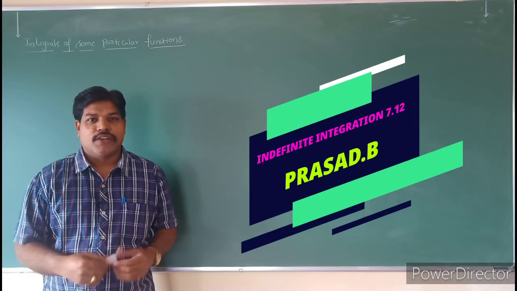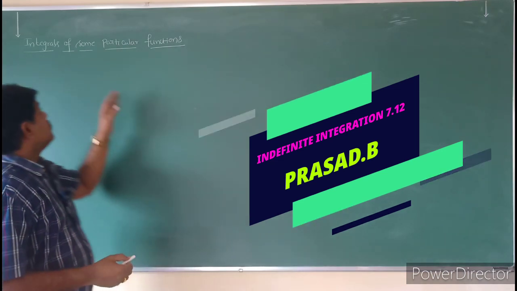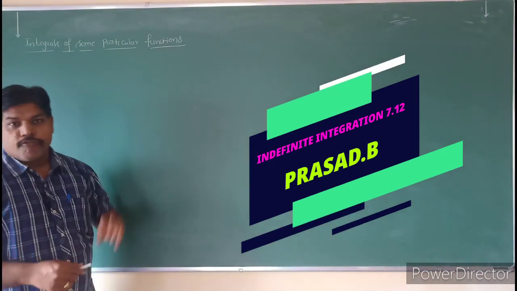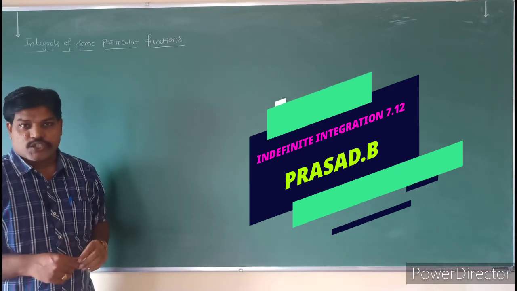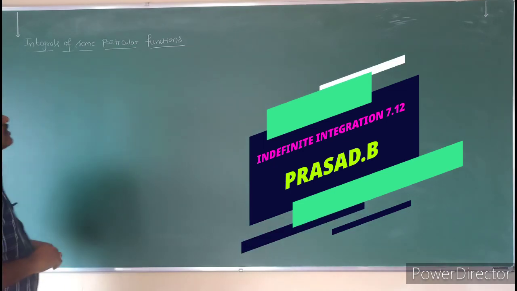So see students, today we are going to discuss some integrals of some particular functions. We have already discussed 6 types. So see, the next one is the 7th type. What is the 7th type?